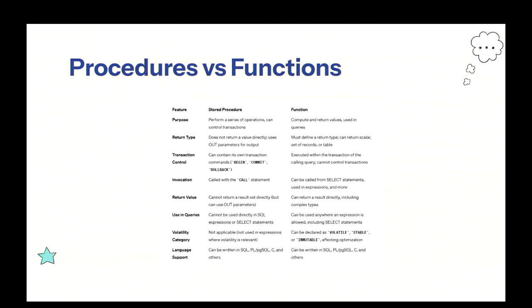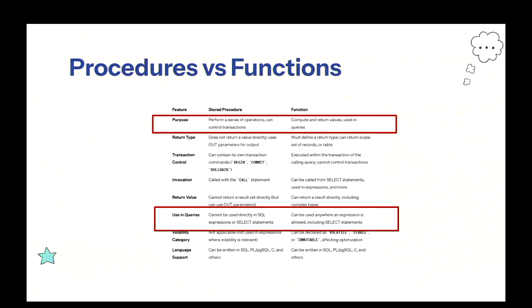You should only take note of the key differences. The first one is the purpose. Stored procedures are not expected to return any value, and functions are expected to return values.